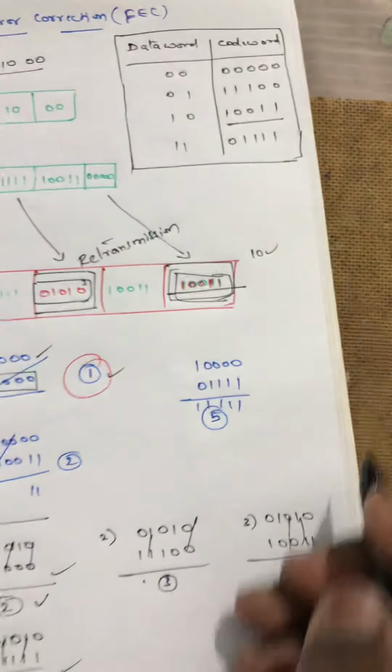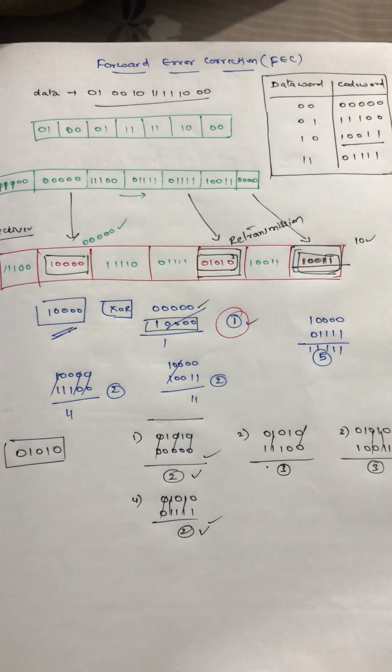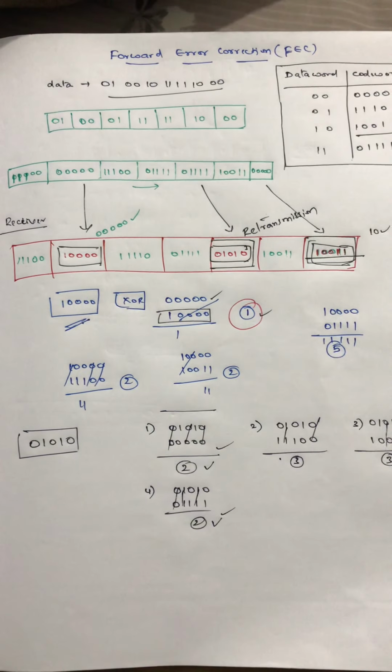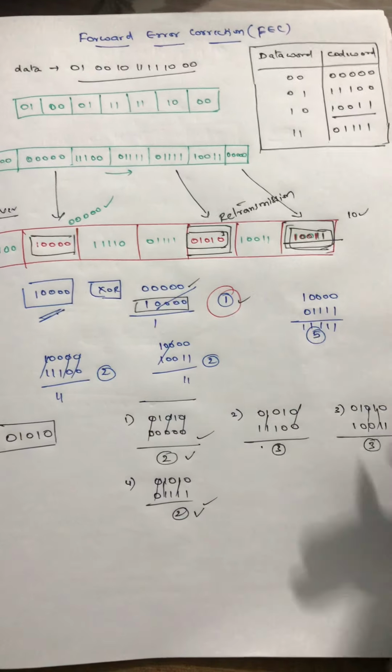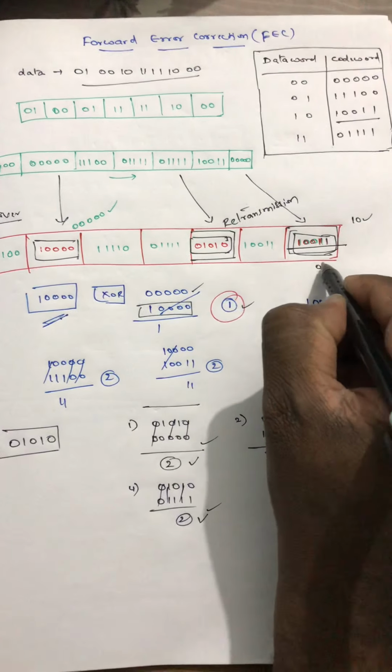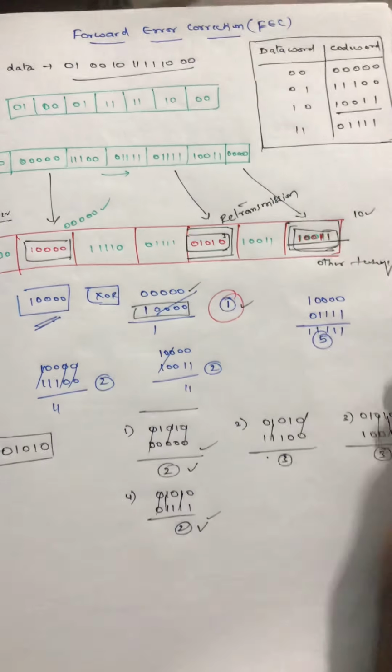That means in these special conditions where your data became corrupted in transmission and unfortunately the same data entry is available in the code word section of the table, then that becomes an error. For that kind, you need other techniques other than this one.